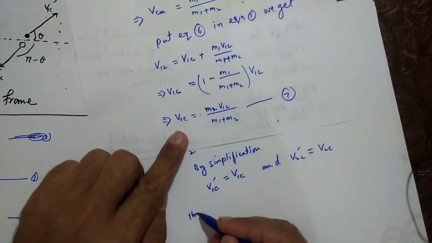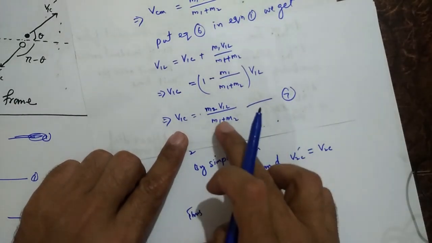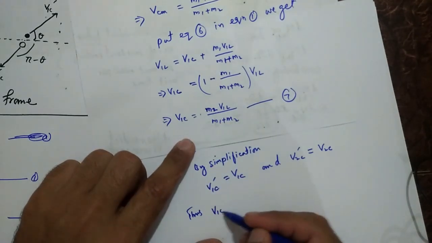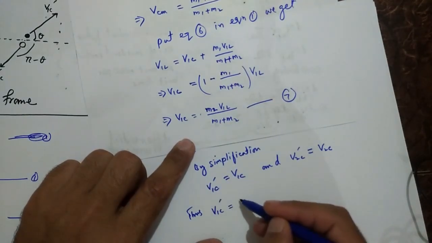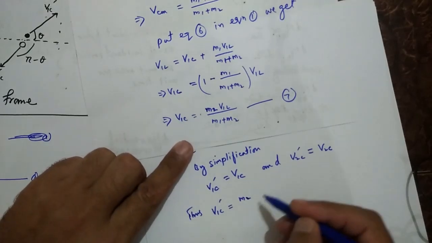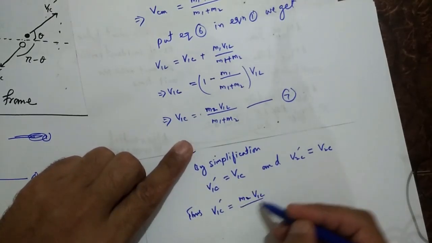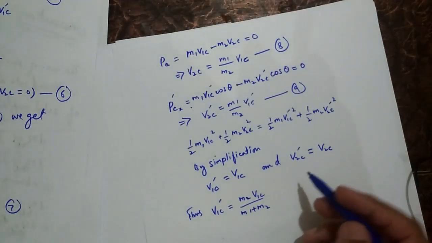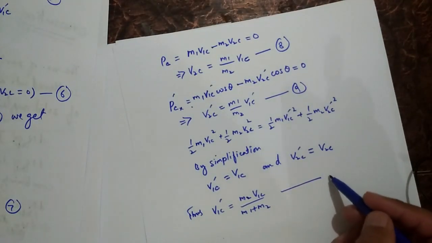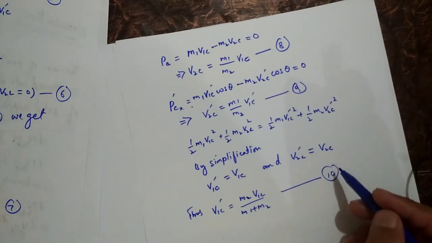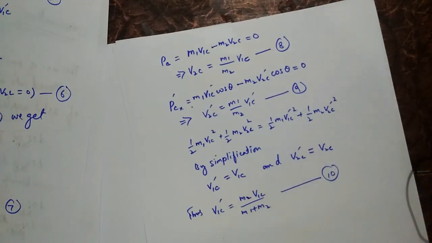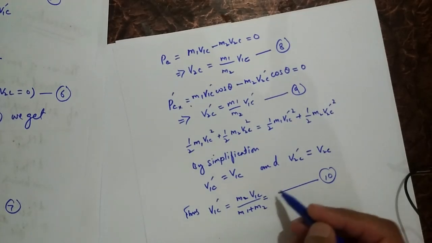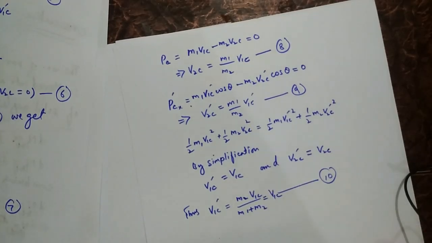Thus, as before scattering the velocity was this one, after scattering the velocity is also m2 v1L upon m1 plus m2. This is equation number 10, which is equal to v1c.